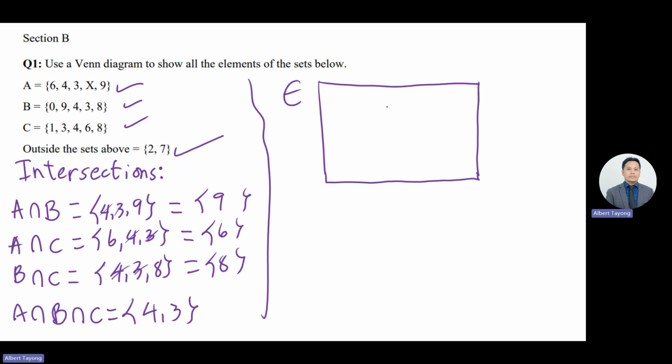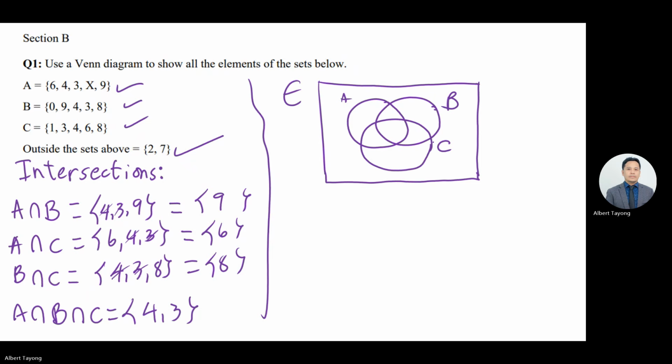Okay, so this is our set A, our set B, and our C. So let's start with A intersection B, that is 9. So it's here. Okay, this section is A intersection B. And we have 6, A intersection C. That's the section.